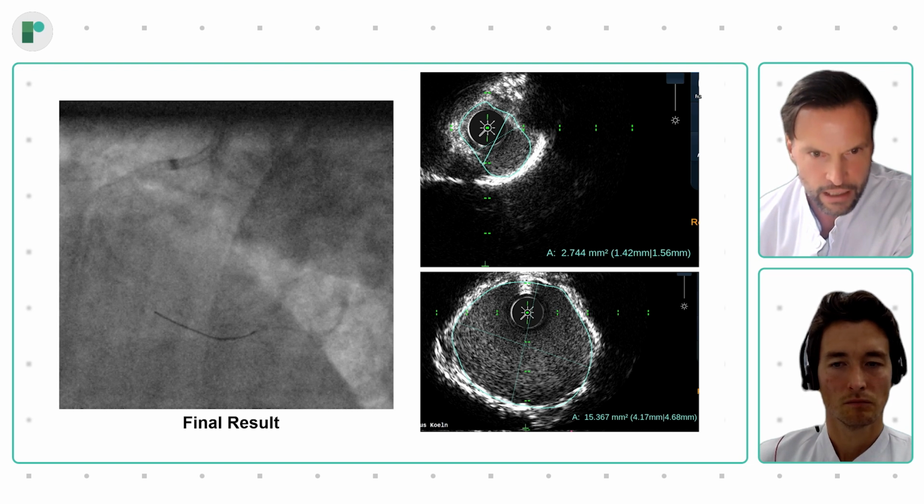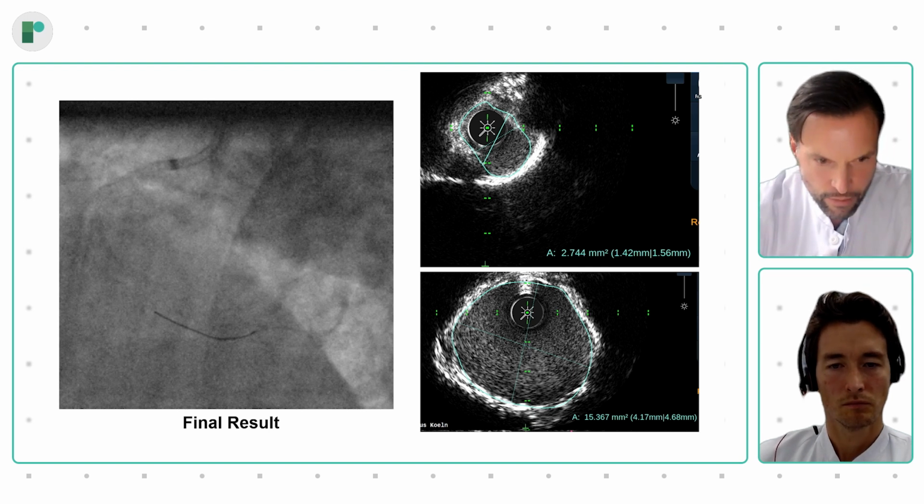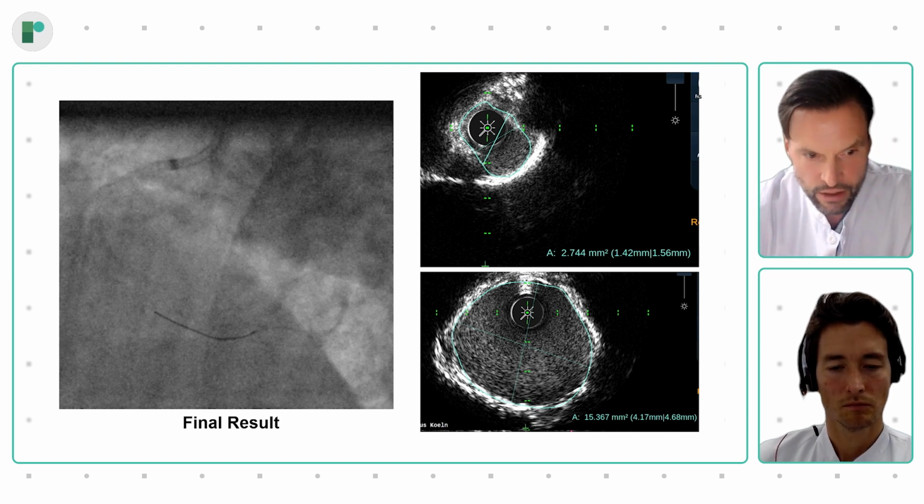Of course, we do a final angiogram, but if you take it to the top, you must not do a final angiogram if you have a perfect IVUS result. And this is what the centers do in patients with severe renal failure: you can spare this if you have a perfect final IVUS.